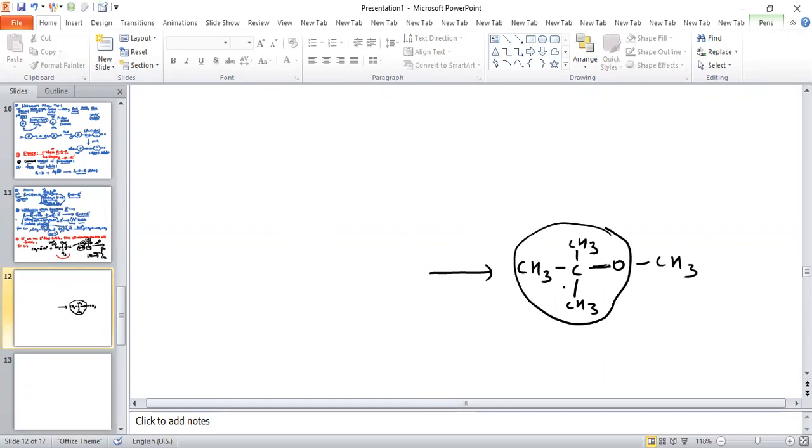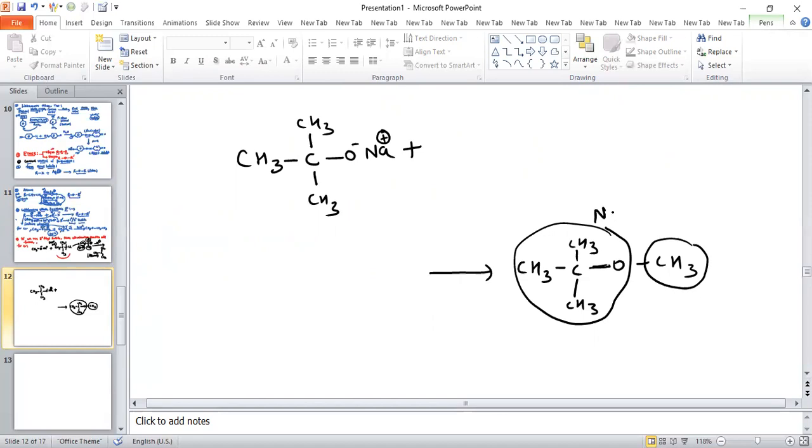It means this part will come from CH3 and CH3. We cannot use Cl there, so we can use O there, no problem. And Cl will come with the other part. So Na will come with this part and Cl will come with that part.